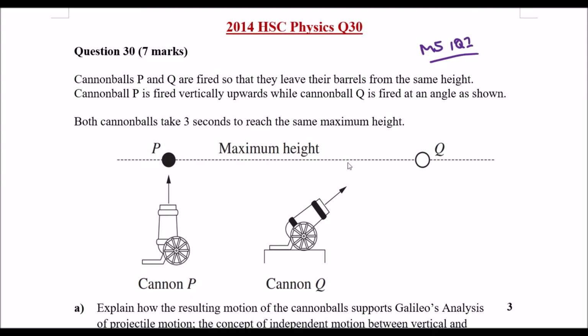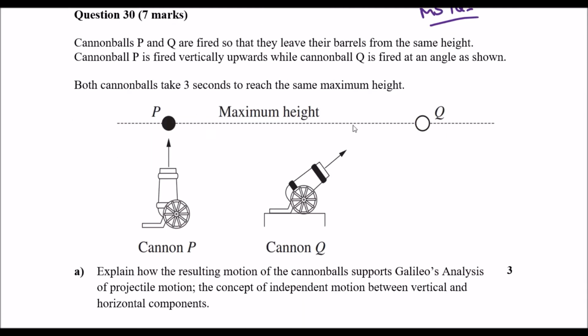You can see they reach the same maximum height after 3 seconds. Cannonball P is fired vertically upwards, while cannonball Q is fired at an angle as shown, as you can see here. So the question says, explain how the resulting motion of the cannonballs supports Galileo's analysis of projectile motion.